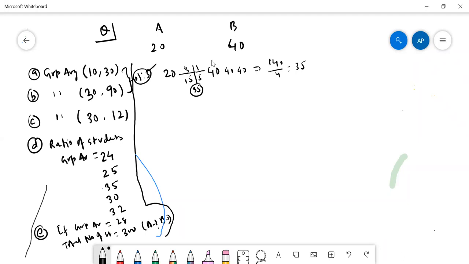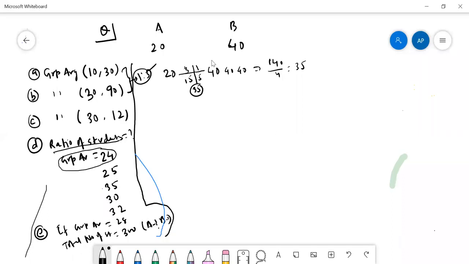By the same way, should I explain the question or answer of any of these? Ujasa? The question is like the ratio of students. You need to find out ratio of students when group average is given there. Group average is 24.